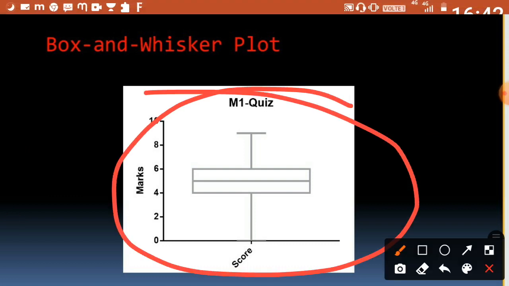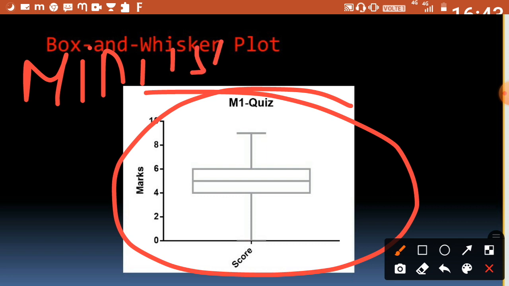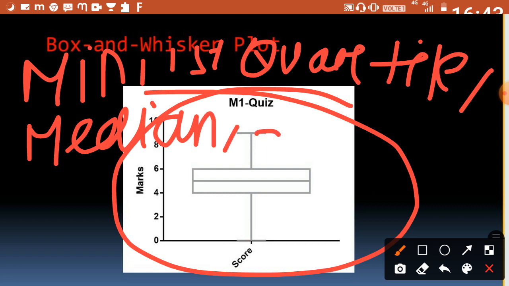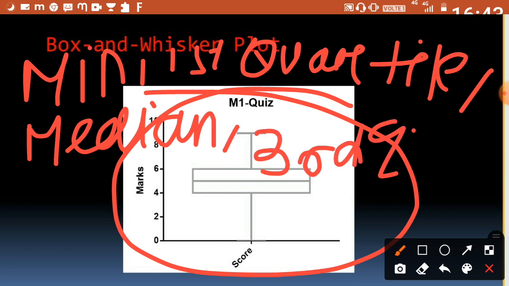First of all, we have to know how to plot a box and whisker plot. For plotting the box and whisker plot we need to have 5 things. The first is the minimum value, then the first quartile, then we have to find the median, then the third quartile.